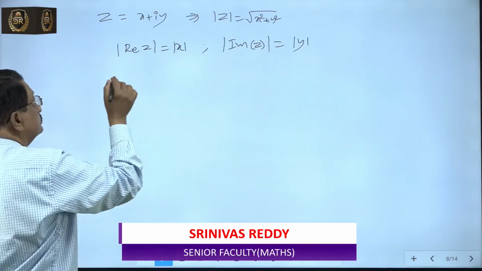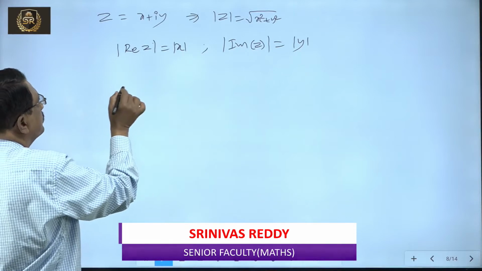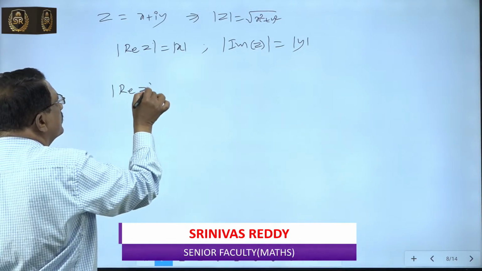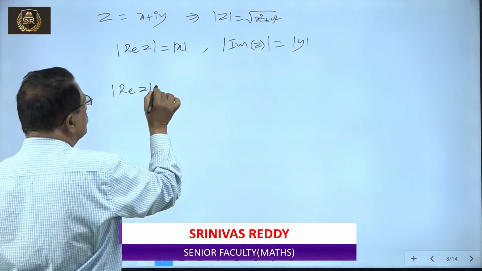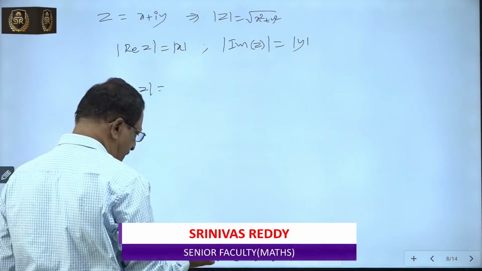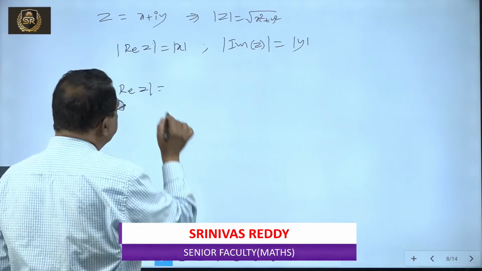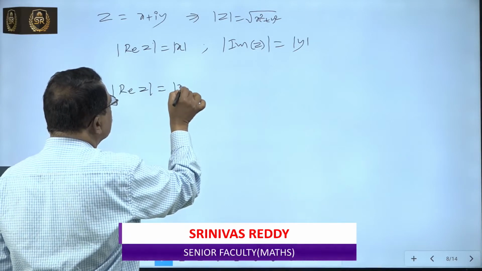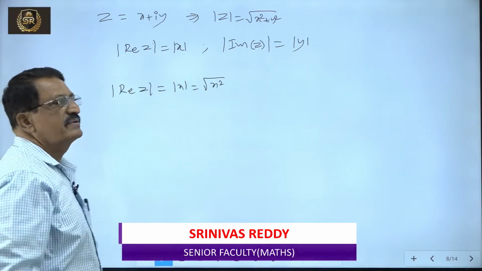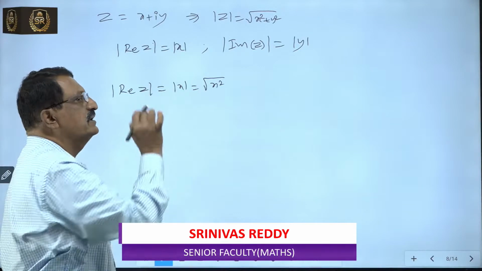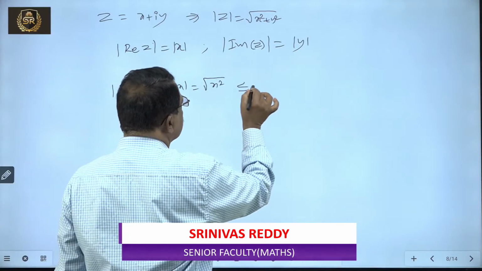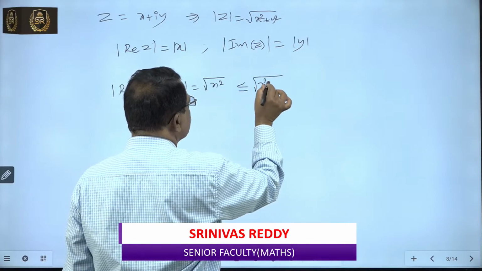Now always, mod of real part of Z equals mod x, or it can also be written as root of x square. Root of x square is always a positive quantity, that's why mod x is less than or equal to square root of x square plus y square.